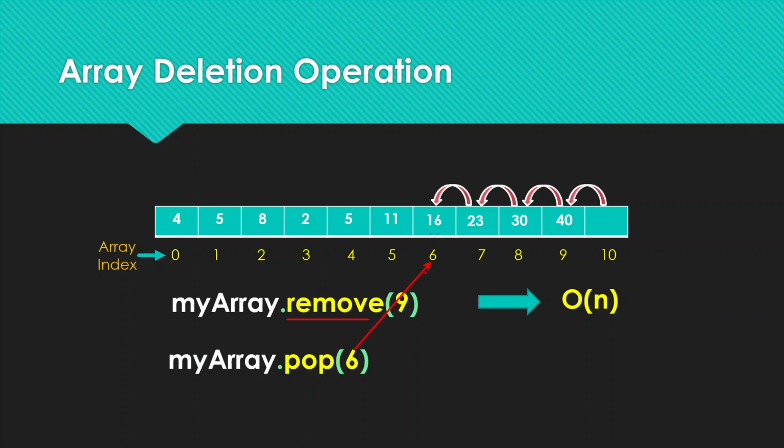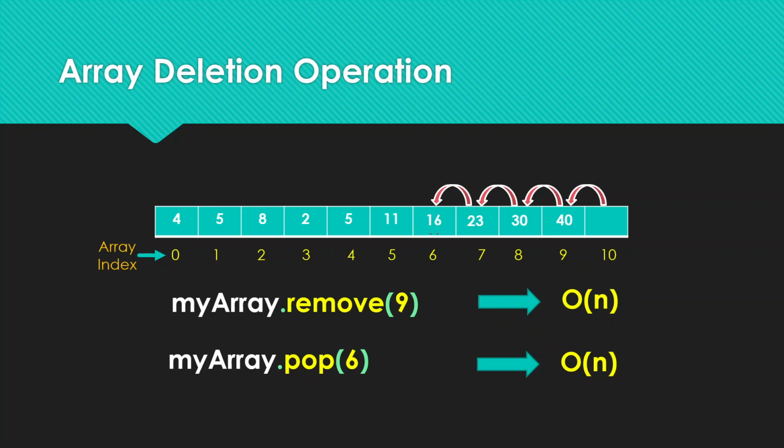So if we want to delete 6, then it's going to exactly go to that particular point. But again, the time complexity for this is O of n, because if the item is in between and not the last or even at the beginning, all the other items have to be shifted at least once.